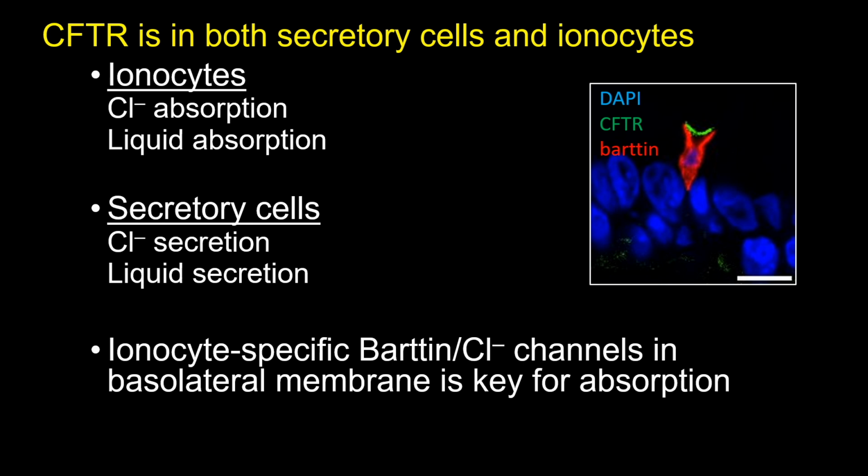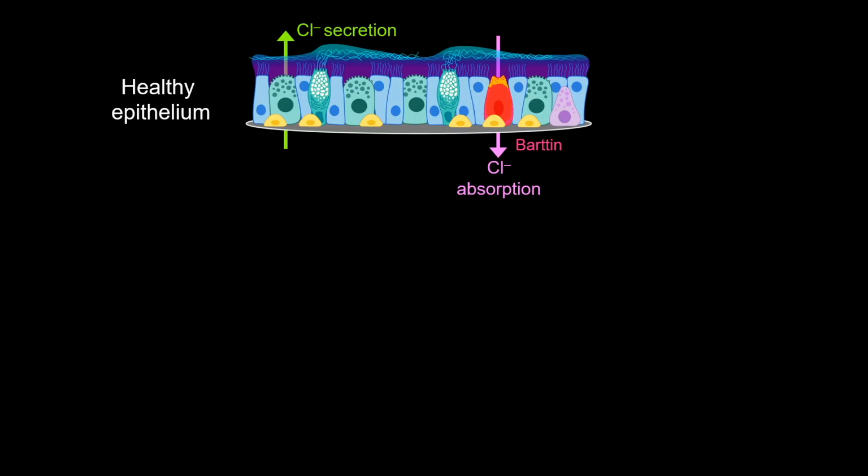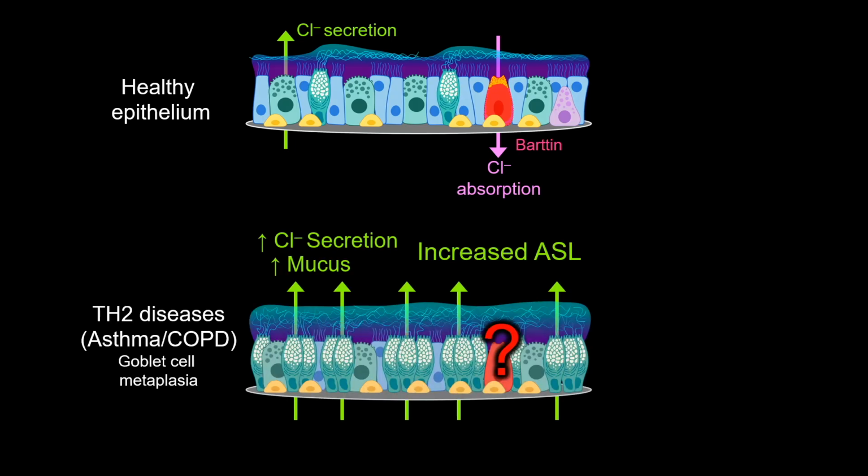So ionocytes, chloride absorption, liquid absorption; secretory cells appear to be, at least in this model, predominantly chloride secretory and liquid secretory. And it's the ionocyte-specific Barttin chloride channels in the basolateral membrane that are key for this absorption. So here's a schematic of what's probably happening in a healthy airway epithelia. But what we were interested in is what might happen in disease states.